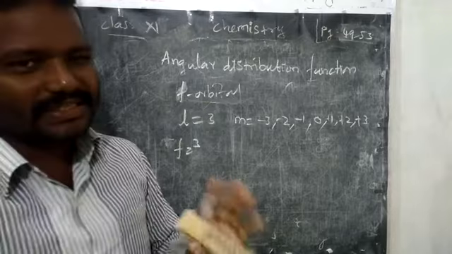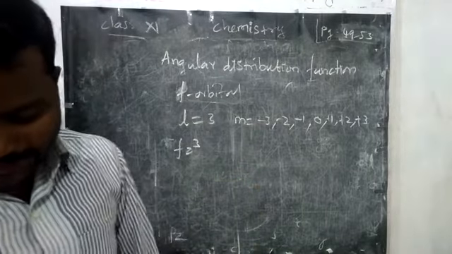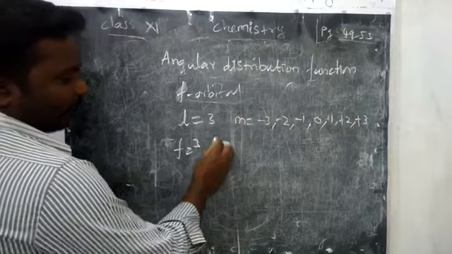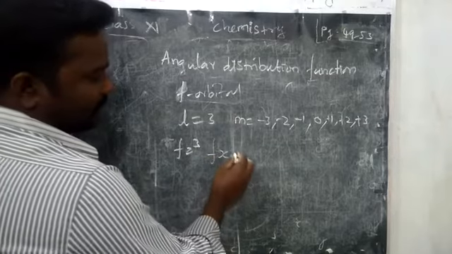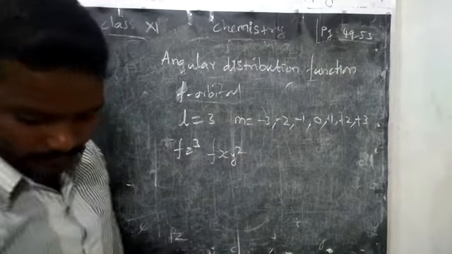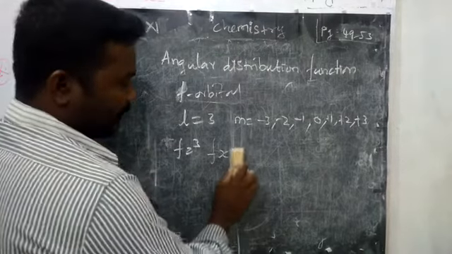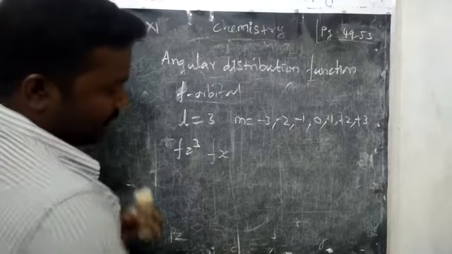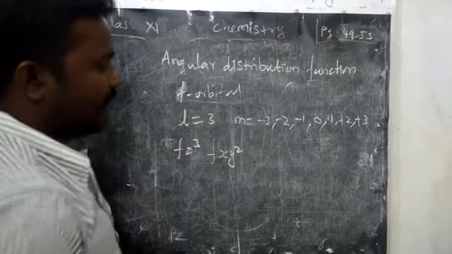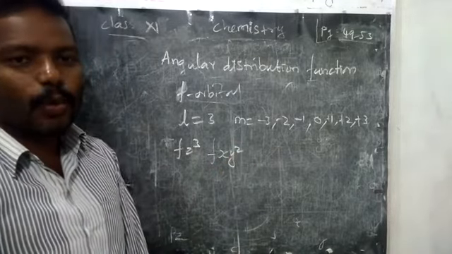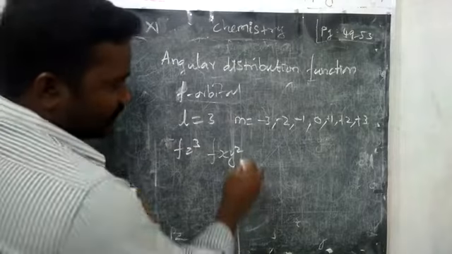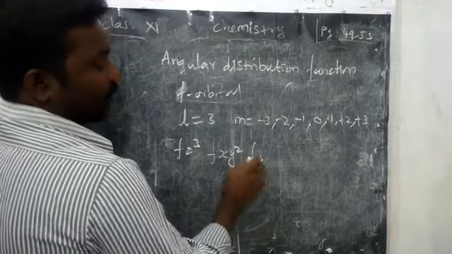Okay, so always the z has some specific direction. Then fxz squared, then fyz squared. We don't have x squared only.